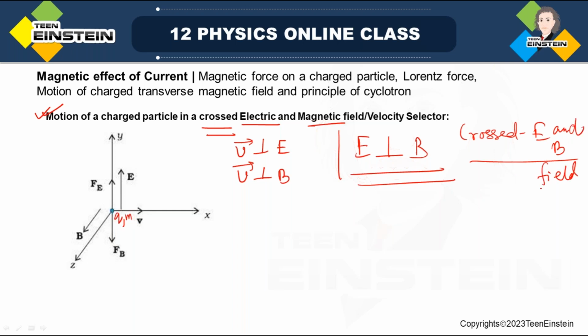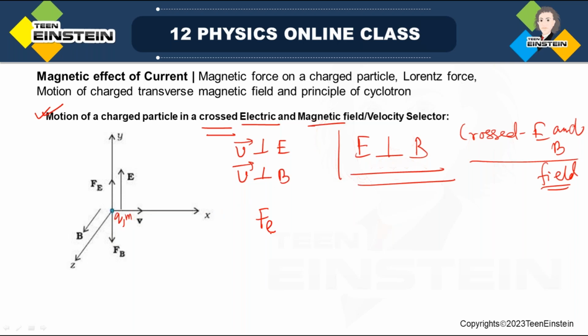So here both the electric field and magnetic field are perpendicular to the velocity vector. Let me first tell you, I have forgotten to tell in the beginning itself. See, when a charged particle is moving in a region where both electric and magnetic field are there, what will be the force on the charged particle?